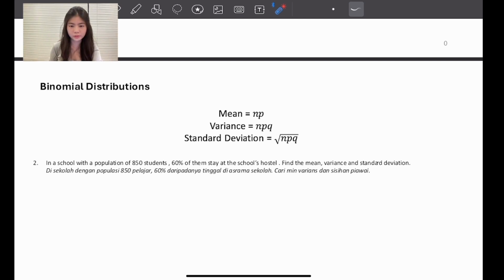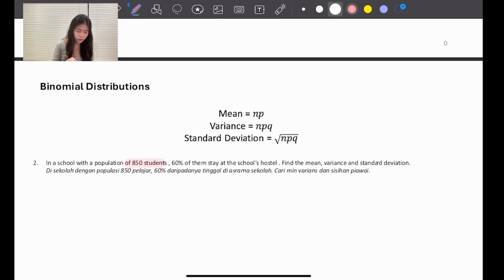How do we use that? Let's use the same example as before. In a school with a population of 850 students, 60% of them stay at the school hostel. Find the mean, variance, and standard deviation. Here, we know that the total number of students in the school is 850, right?